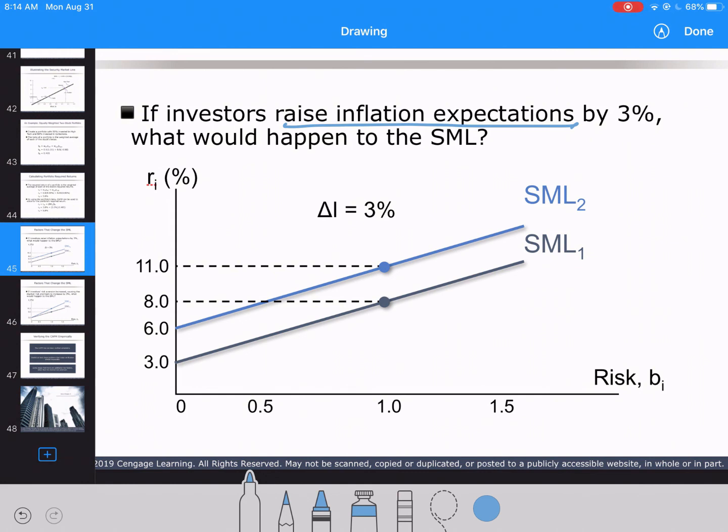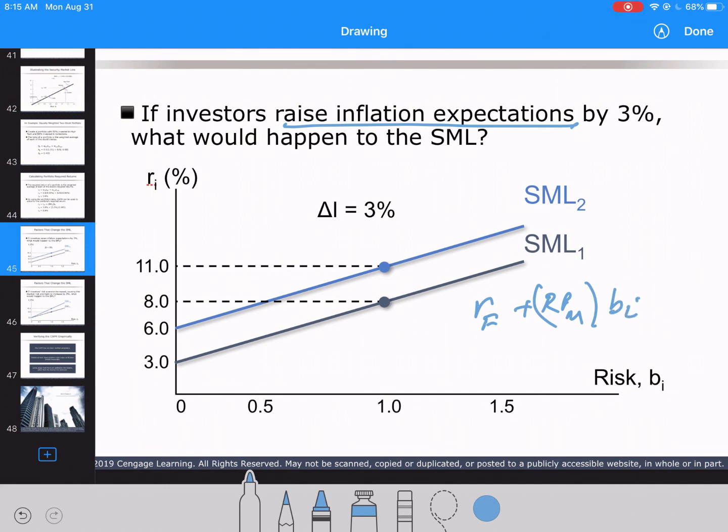If I ask you, if you believe that inflation is going to rise, what will happen to the required rate of return? The answer is the required rate of return should rise. So let's see how it happens. SML is, of course, RF plus the risk premium for the market times beta.